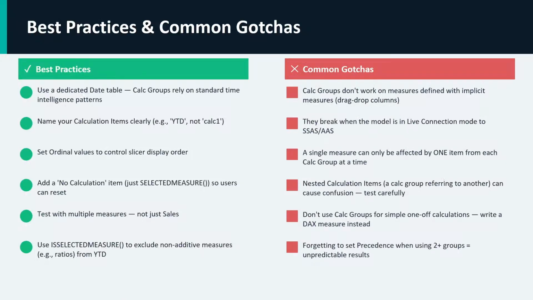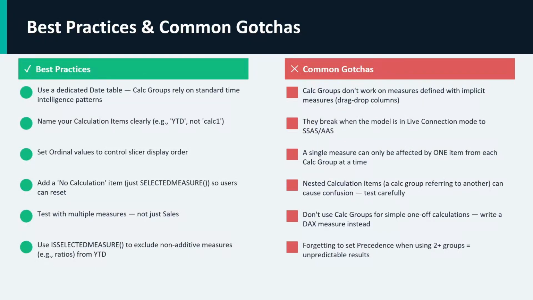What are the common errors or common gotchas, like I write here? 1. Implicit function will not work. If you drag a column directly onto your visual without creating an explicit measure, calculation group will ignore it. 2. Live connection is not going to work.